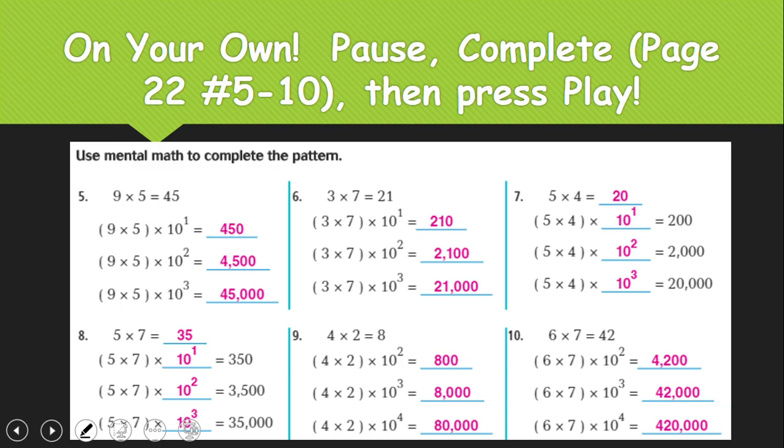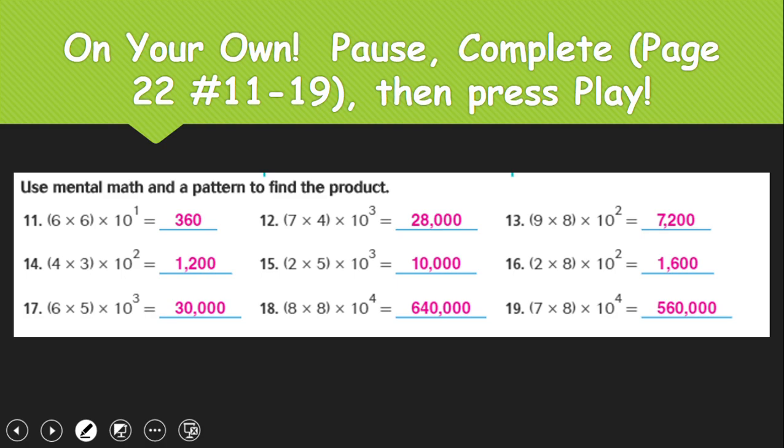You can pause it to look at it. Oh, okay. Now go ahead and do page 22 as well. Problems 11 through 19. Don't forget to pause, and then I'll go ahead and go to the next one. Good. There is your answers.